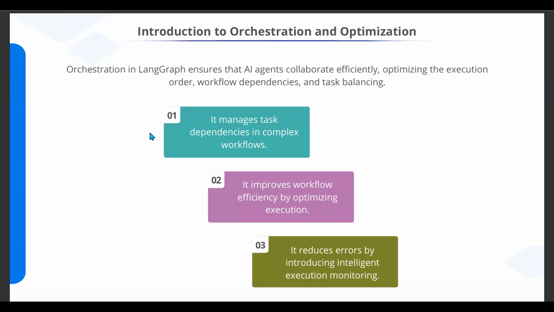Second benefit, it improves workflow efficiency by optimizing execution, which means running tasks smarter and faster. Suppose we have 2 independent tasks. We have to check the product availability and then check the delivery time.